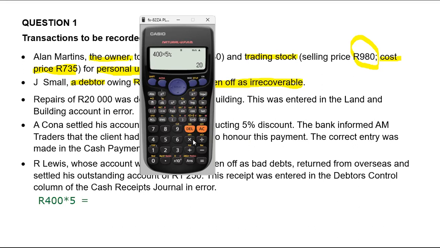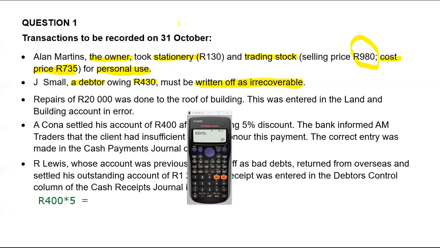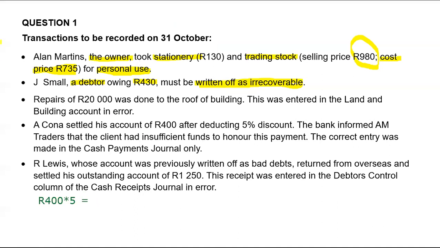It gives me 20 rand. In essence, the discount was 20 rand. Meaning that we actually received 380 rand. And when we received this 380 rand, we recorded it in the CRJ together with that 20 rand.